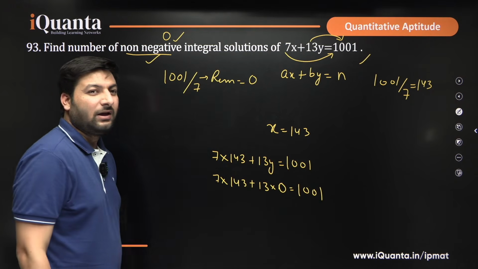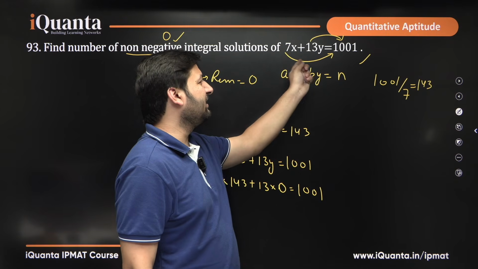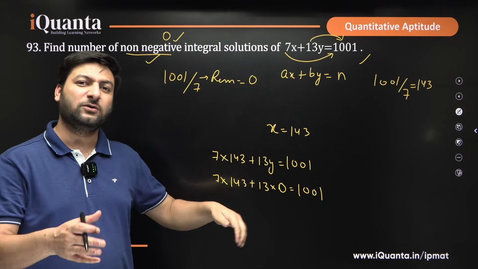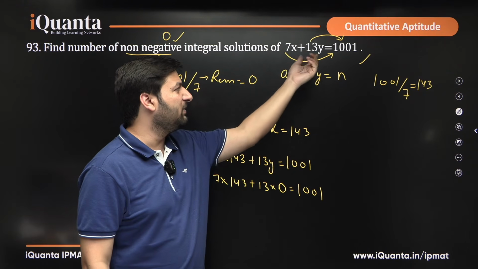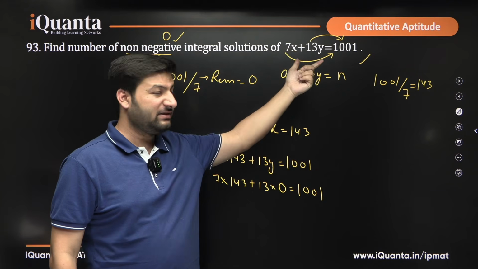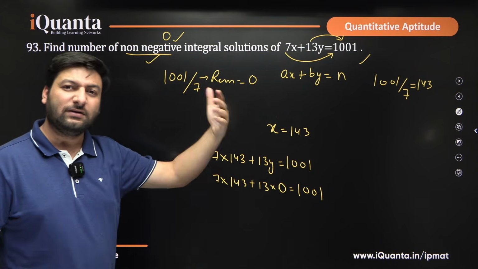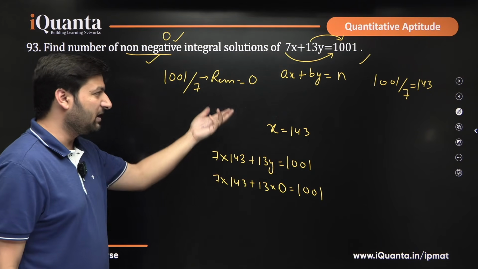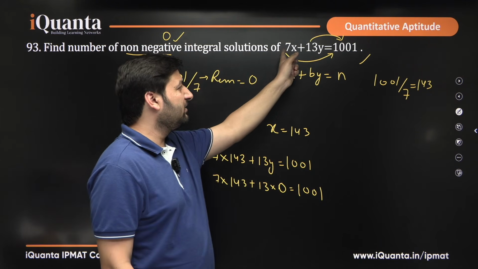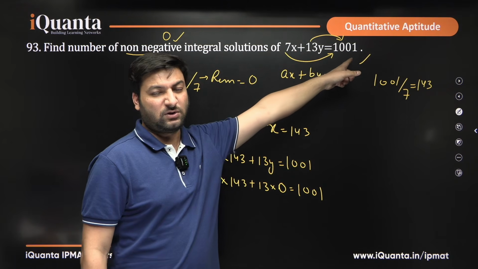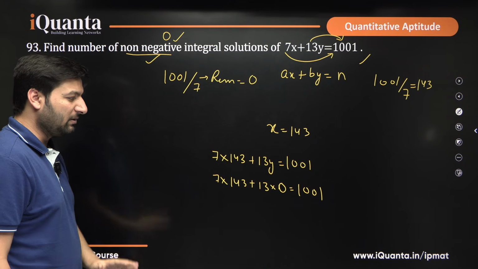And luckily in this case 7 divides 1001 completely. It might not have divided 1001; there could have been some number other than 7 that did not divide 1001. We will talk about that in the next question, but in this question I hope this is clear. You first have to check whether any of a or b divides the number on the right hand side. It does, so we came to this conclusion.